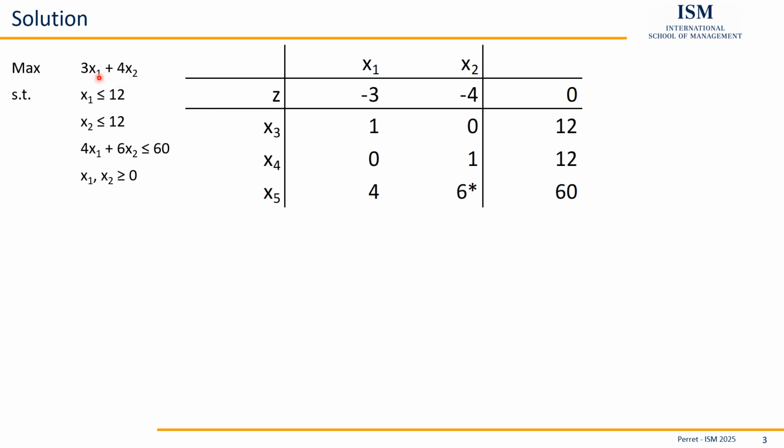For each decision variable, so here we have two, x1 and x2, we make a new column in our table. So we have the x1, x2 column. Then we make one row for the goal function, the objective function, and we make one additional row per constraint.